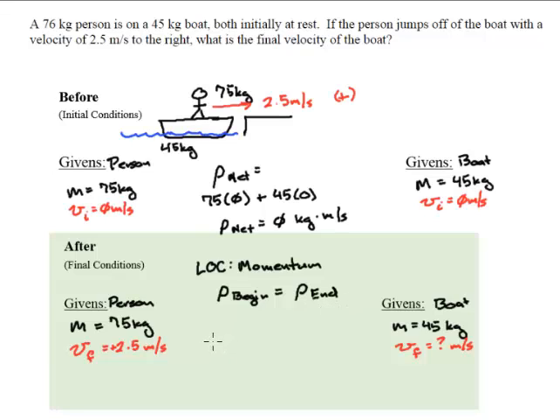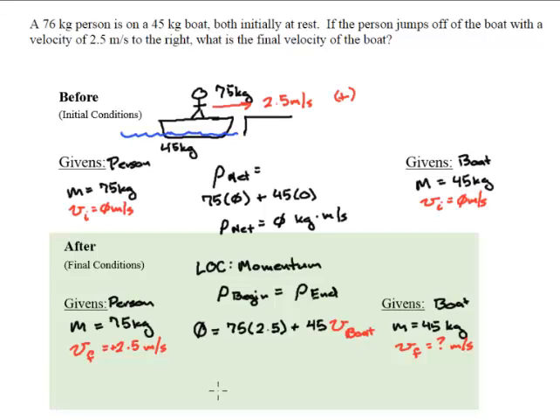If that is the case, that means that the total momentum at the end is 0, which equals 75 times 2.5 plus 45 times this velocity, which I don't know, so velocity of the boat.